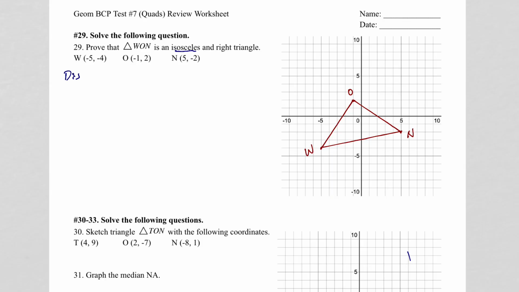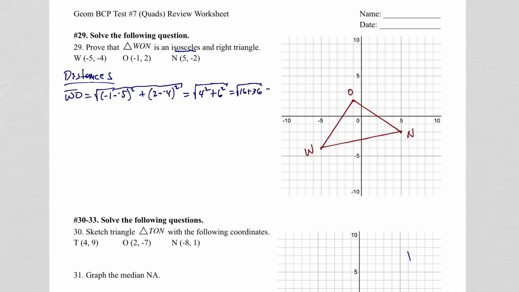So the distance of WO is going to be the square root of the x's, -1 minus -5, plus the y's, which is 2 minus -4, which is the square root of -1 plus 5, or 4 squared, plus 2 plus 4, which is 6 squared, which is the square root of 16 plus 36, which is the square root of 52.